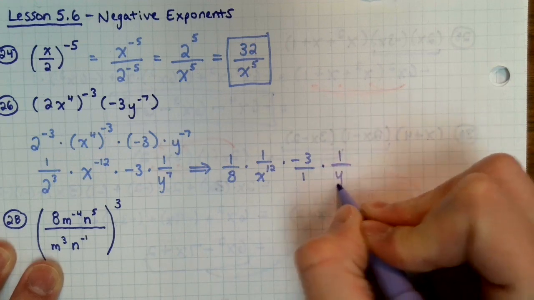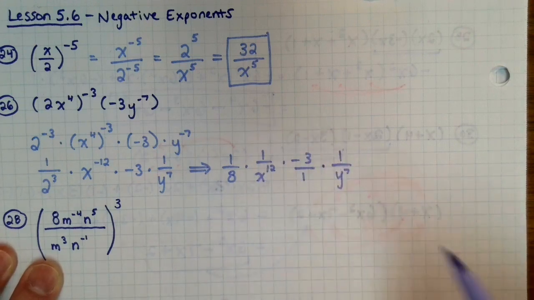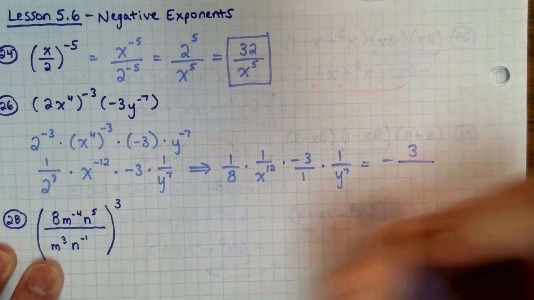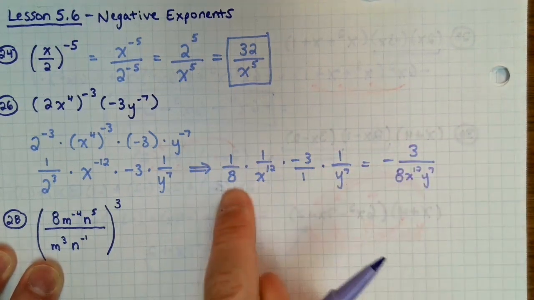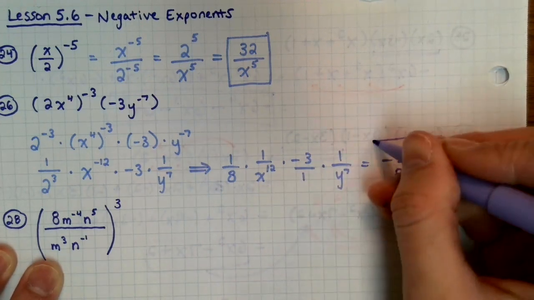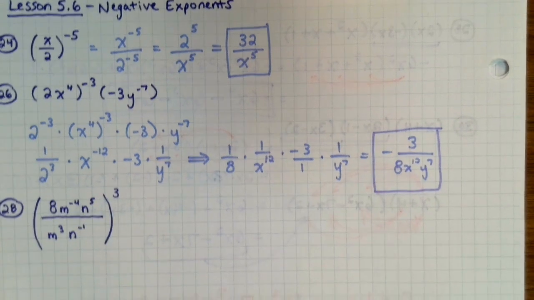And then we have 1 over y to the 7th. We're not going to leave our answer like this; we're going to consolidate it. This is going to end up equaling negative 3 over 8x to the 12th y to the 7th, basically just putting all of our denominators together and our numerators, and that will be our final answer. So that's example 26.